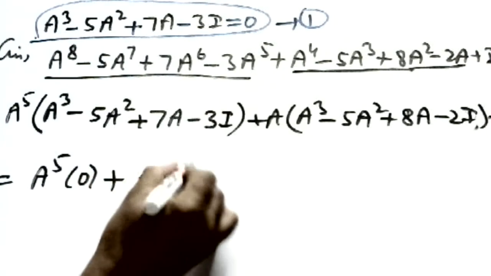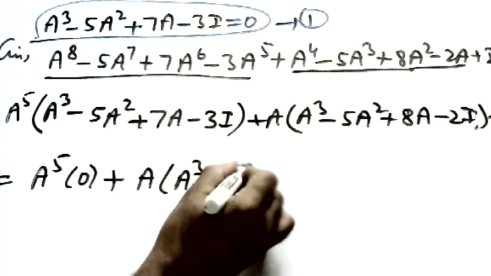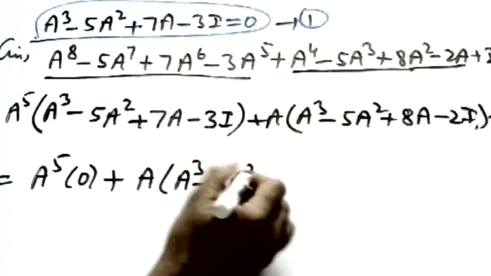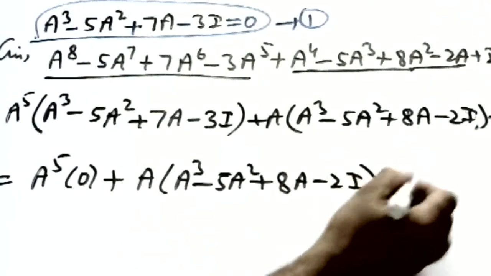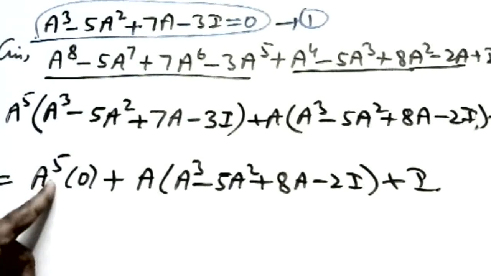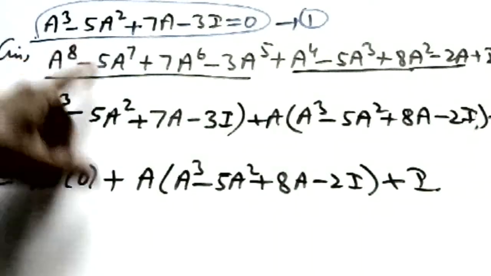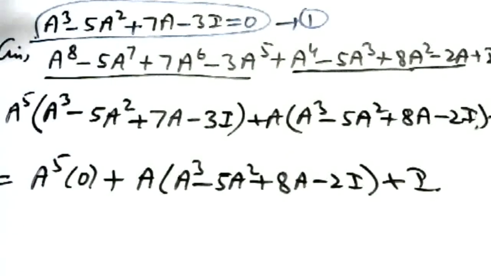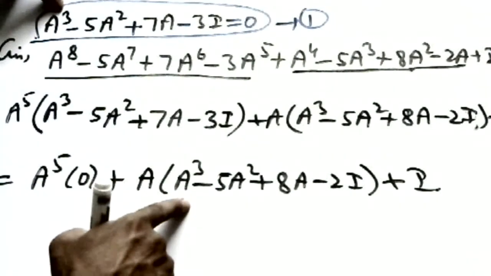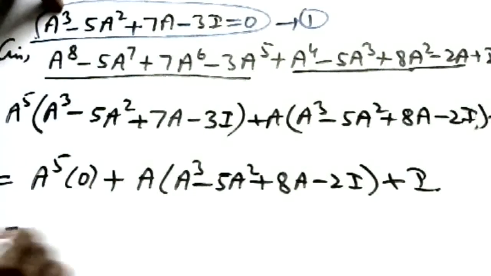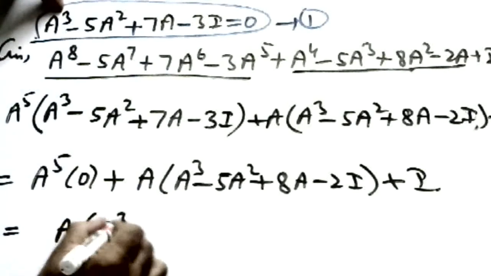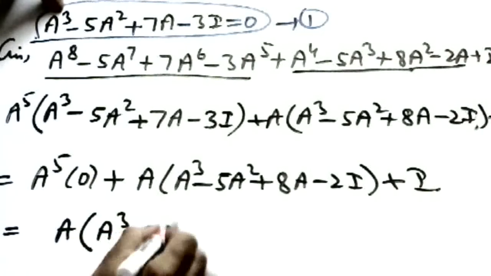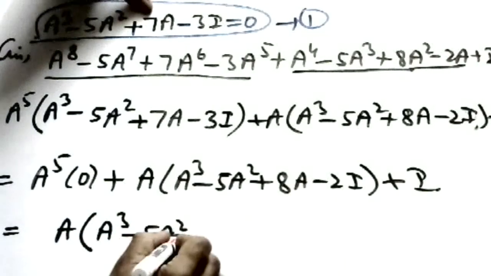In the next step I will change this one. So A into A cube minus 5A square plus 8A minus 2I, bracket, plus I. So this becomes 0. Now watch carefully, there is a slight change. We can change it like this: A into A cube, as it is, minus 5A square.